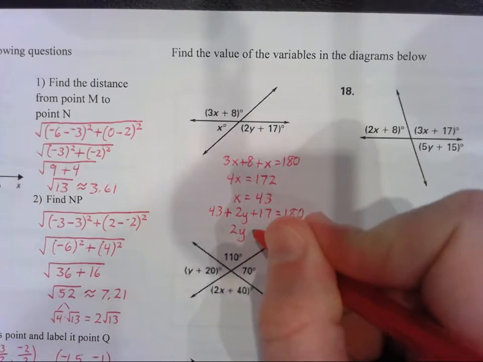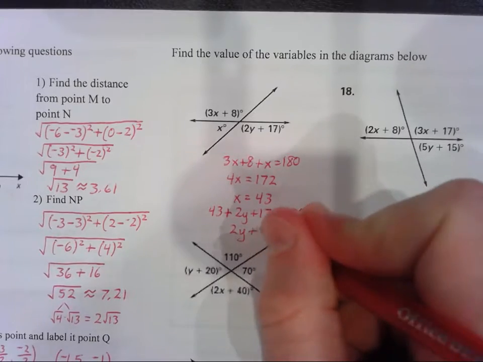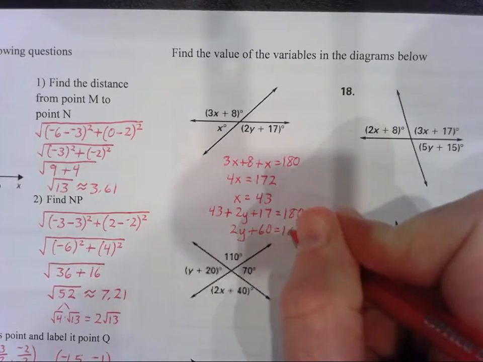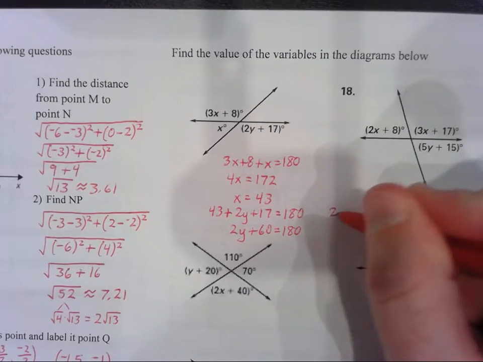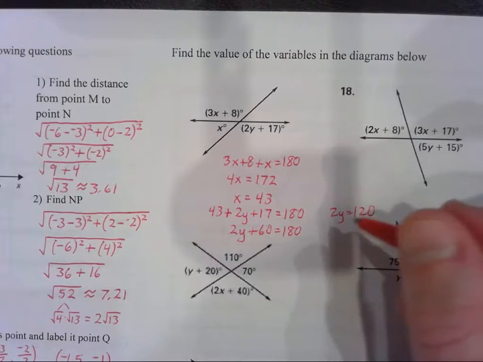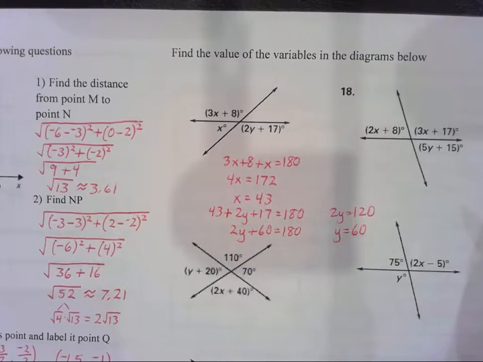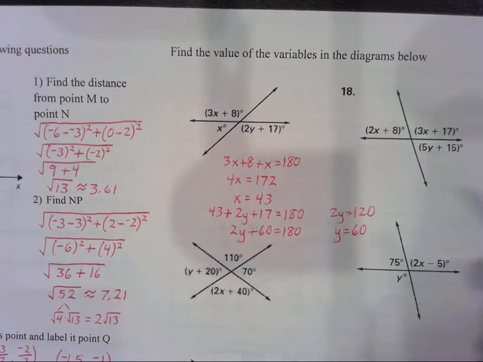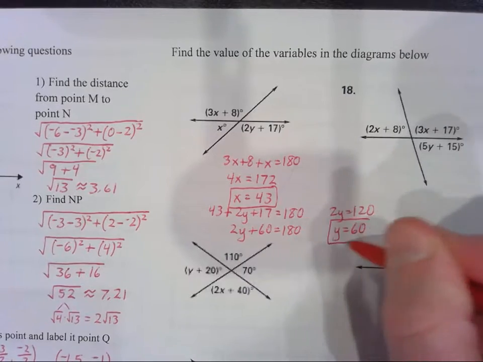So 2y, if I add the 43 and 17 together, that is 60. Subtract 60 from 180 to get 120. And then divide by 2 to find that y has to be 60. x equals 43, y equals 60.